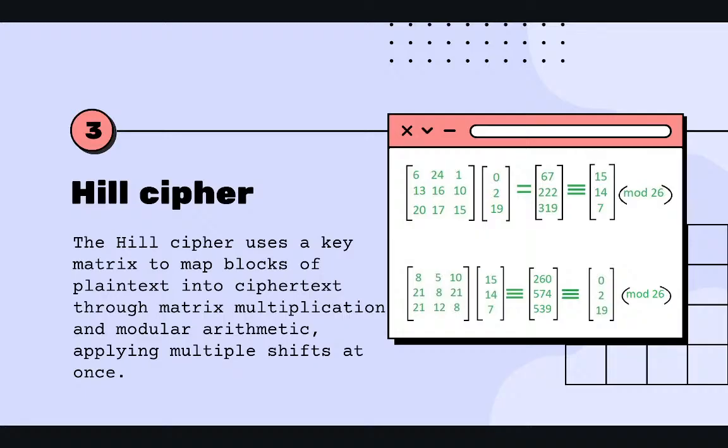To get the ciphertext, you multiply this column matrix with the key matrix, and you take the result modulo 26. So we take the remainder of the result with 26, and that would be your ciphertext. And you can convert this ciphertext back to ASCII or plain text.